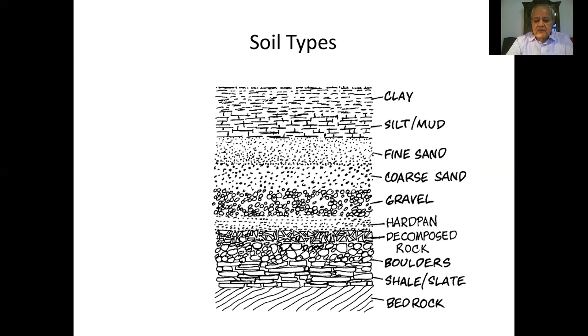The soil types are important, and we get a soil report in the beginning of the project. It tells us what kind of soils we have, and whether they are appropriate for construction or foundation, or do we need to replace them with more appropriate material.